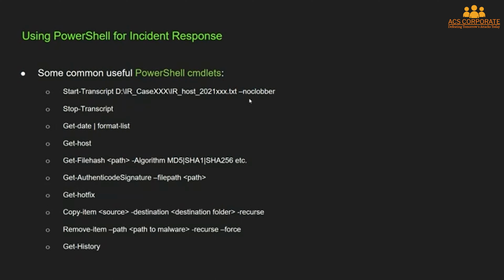Get-History will show you the history of commands that you have typed in the current PowerShell session. So again, if you'd like to check something that you have typed, it will be very helpful for that.